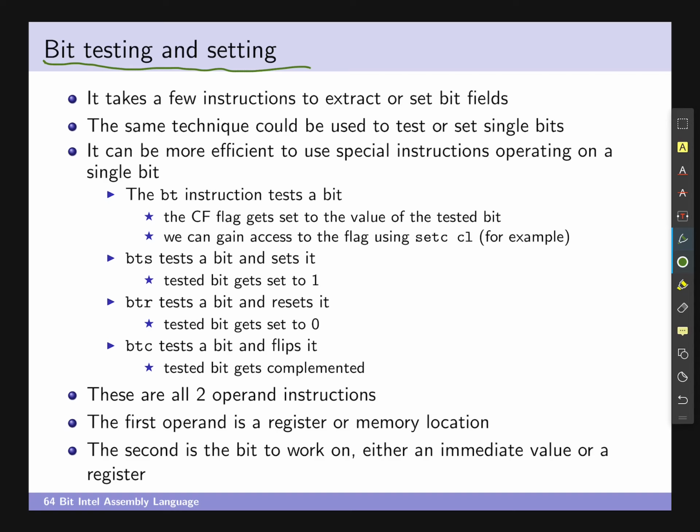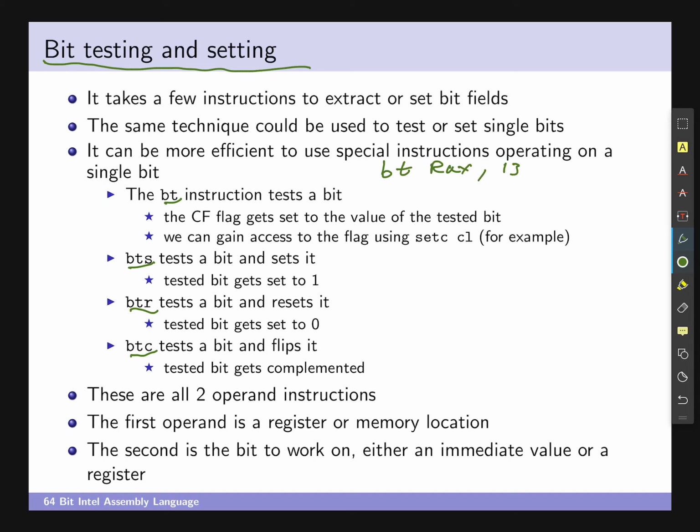So we have basically 4 instructions that are relevant, at least to this course, that do this bit checking. They're called BT, BTS, BTR, and BTC. And the way they work is as follows. We pass through 2 operands. So we'll have something like BT, say a register, and then which bit we want to look at.